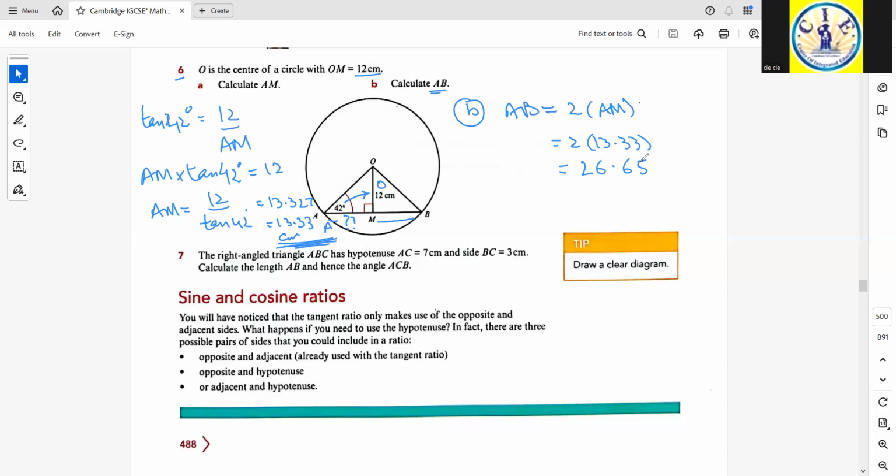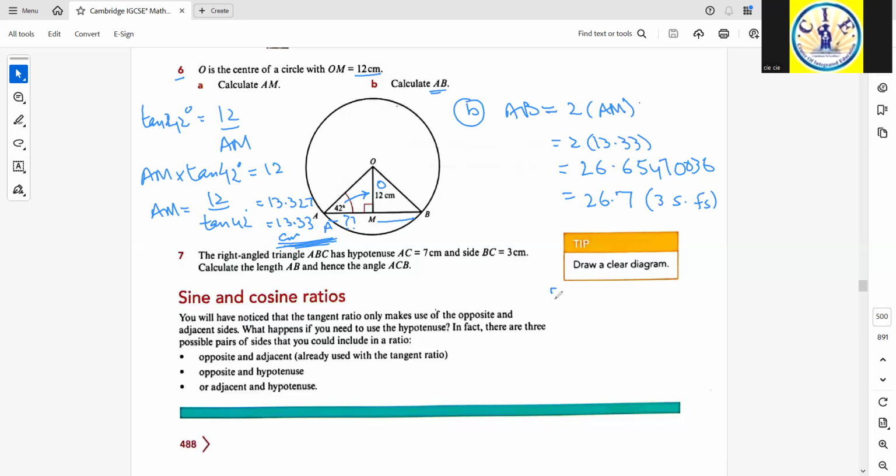The answer from the calculator is 26.65470036. So retaining our answer to 3 significant figures, that will be 26.7. Okay, that was question number 6, part B.